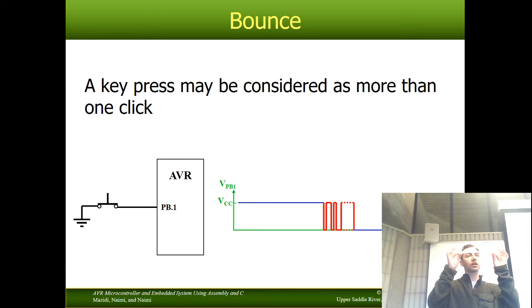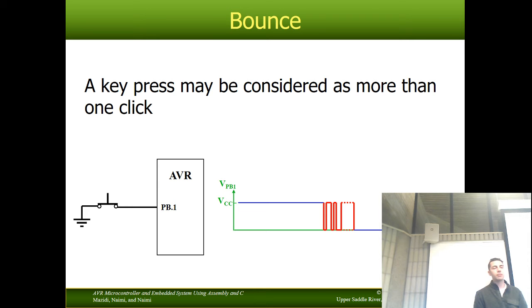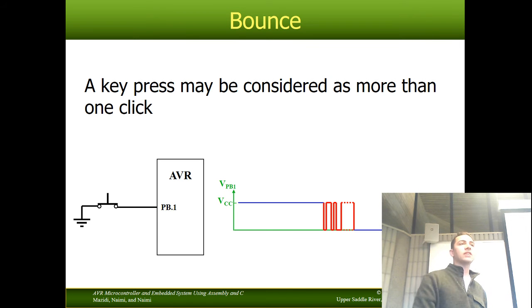It'll oscillate a little bit until it's finally up. This is what's called bounce. The idea is, even though you think you have a perfect switch, we don't live in a perfect world. We live in the real world. So there will be this thing called bounce, where it will oscillate for a little while. Now, the little while is a relative term. Could be a couple of milliseconds, could be a few hundred milliseconds. Depends on how crappy your button is. Okay? But that's something that you do need to consider with this kind of keypad.